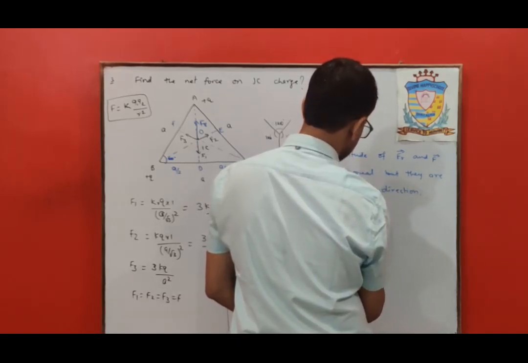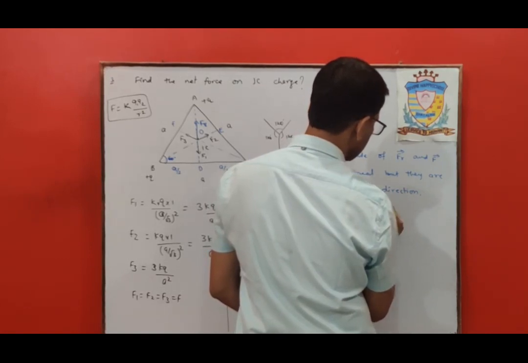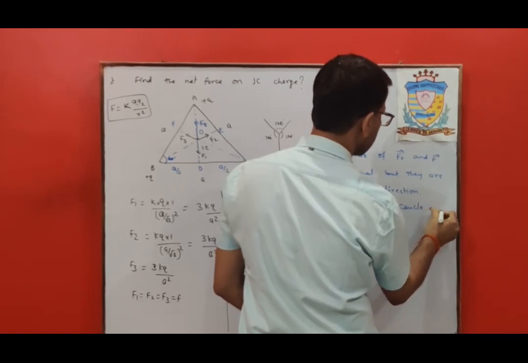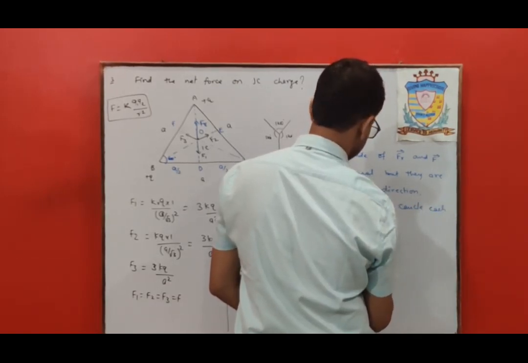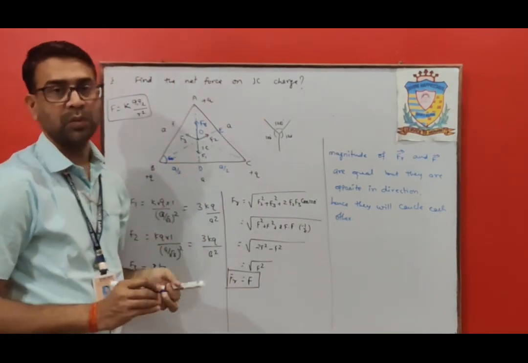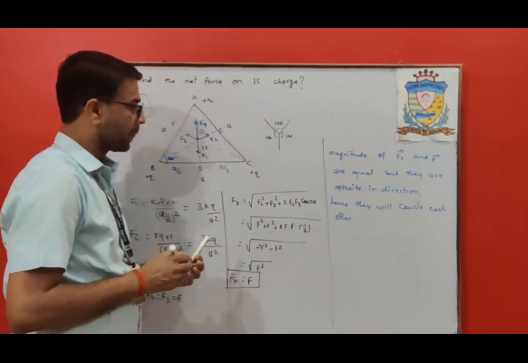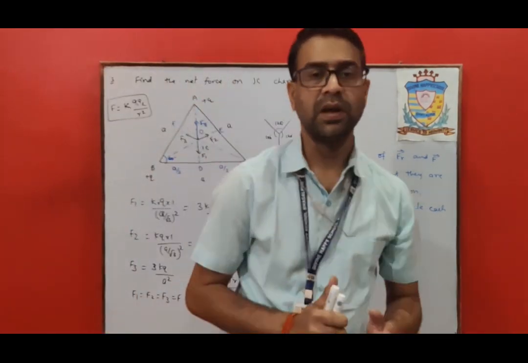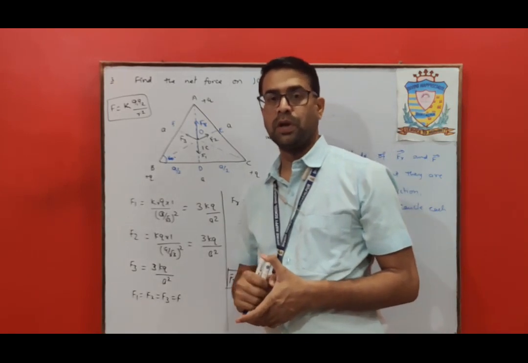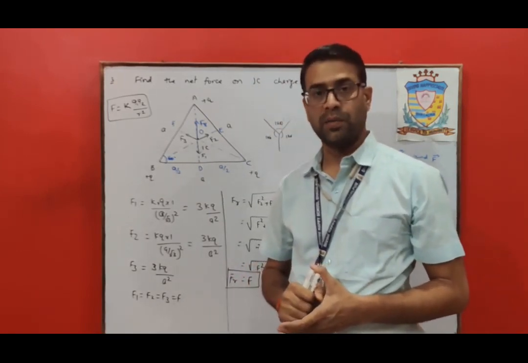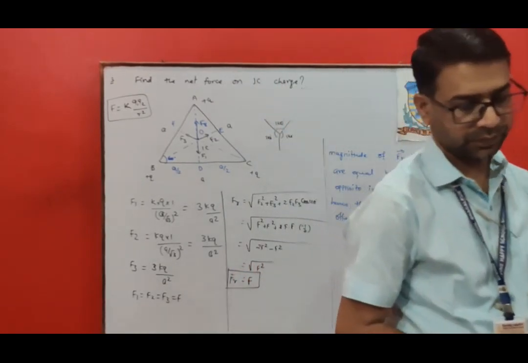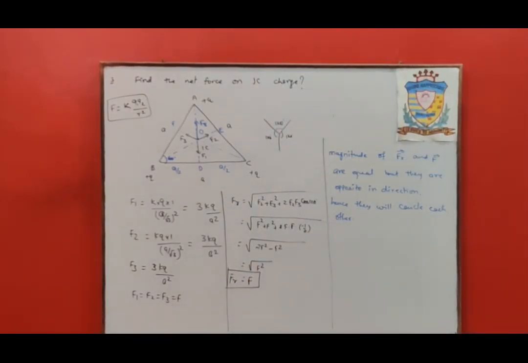Hence, they will cancel each other. Clear? That means the net force at the center will be 0. These are some basic numericals based on the superposition theorem. In the next class we will start the electric field. Thank you.